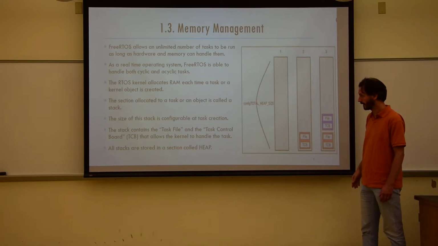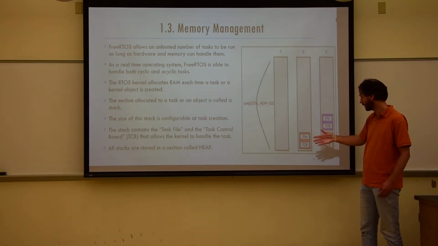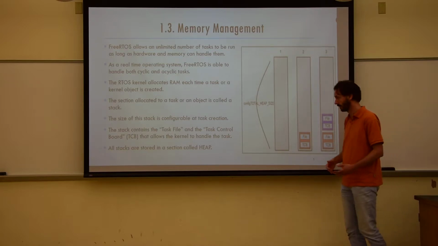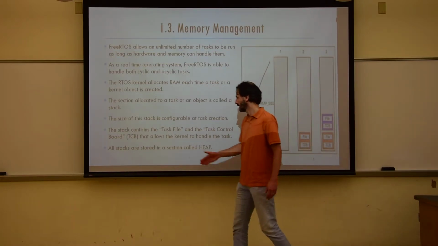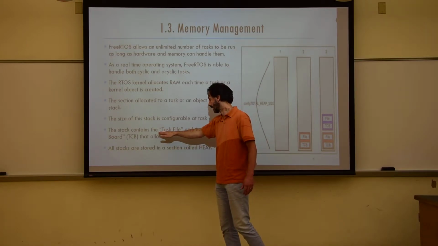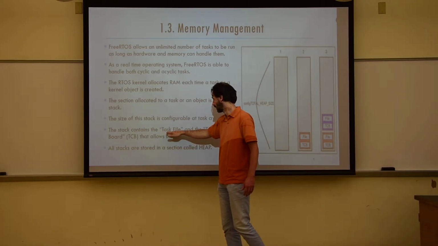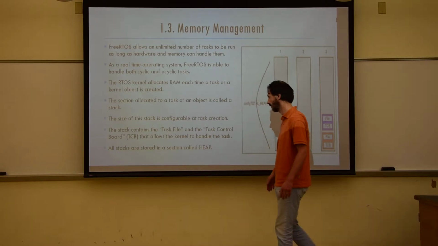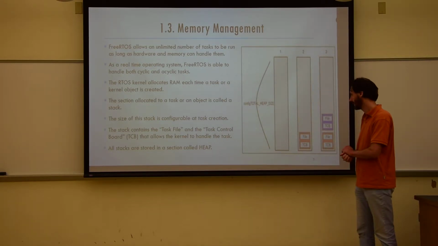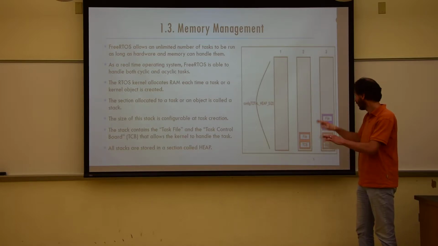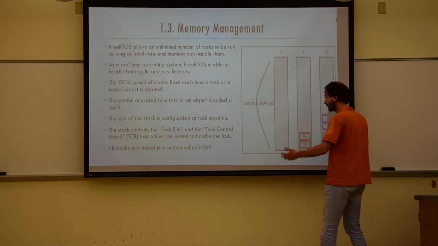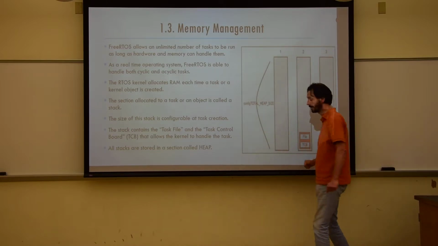The size of the stack is configurable at task creation, so you can set configuration parameters. The stack contains both what we call a task file and a task control block, and it allows the kernel to handle the context switching etc. All of this is stored in what we call the heap.